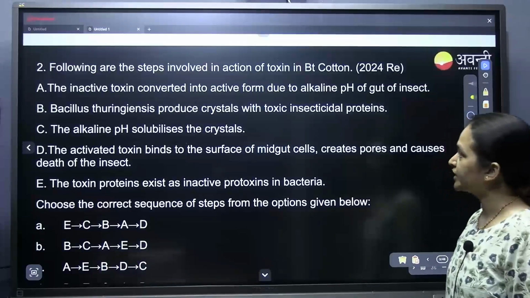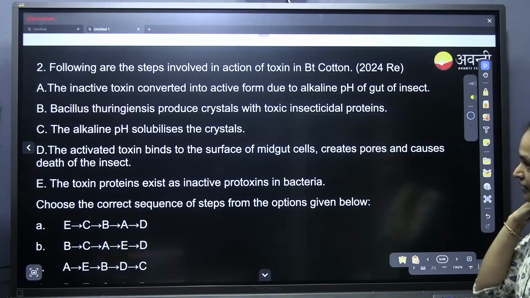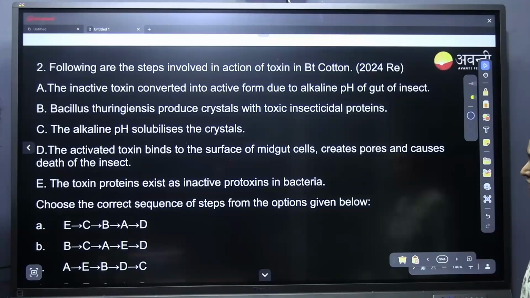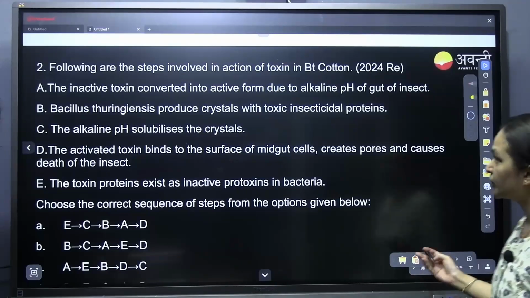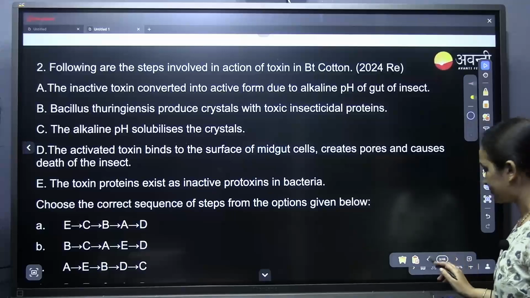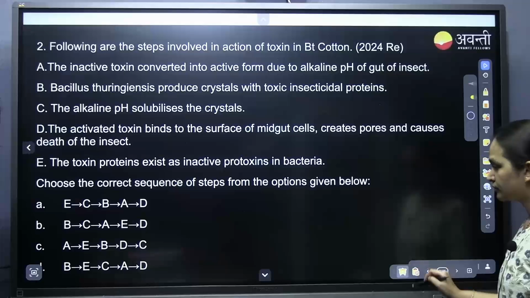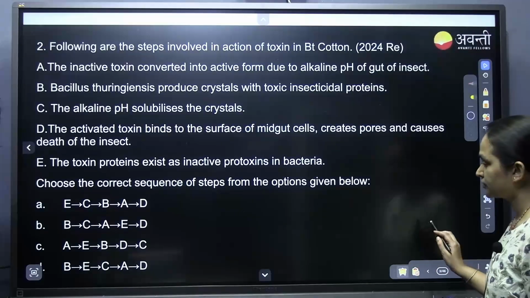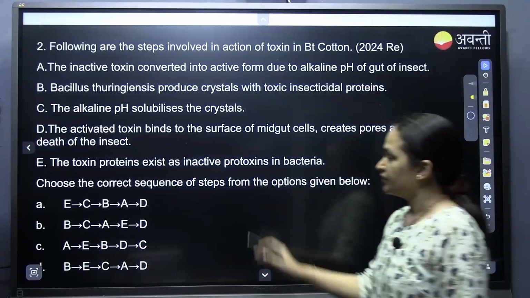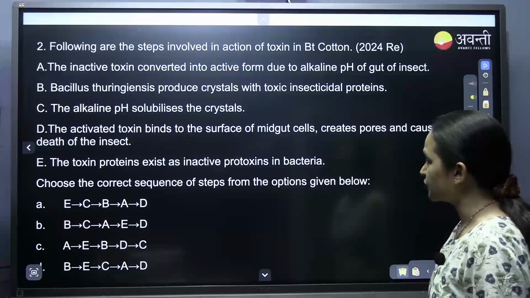Following are the steps involved in the action of toxin in BT cotton. We need to find the order, the sequence of the steps.